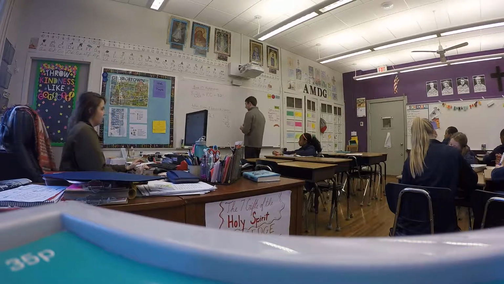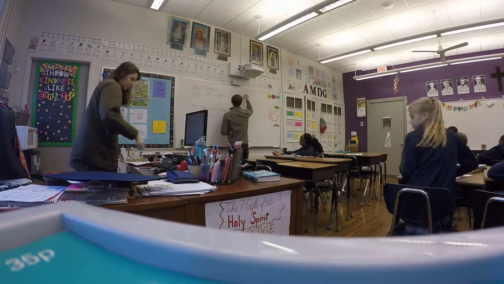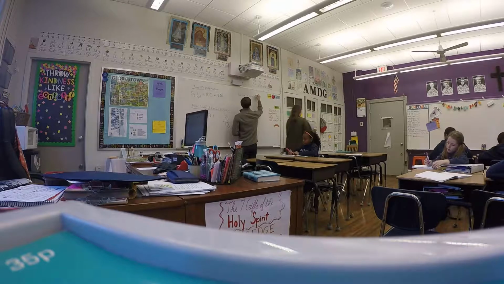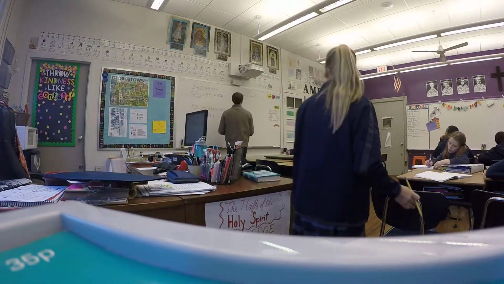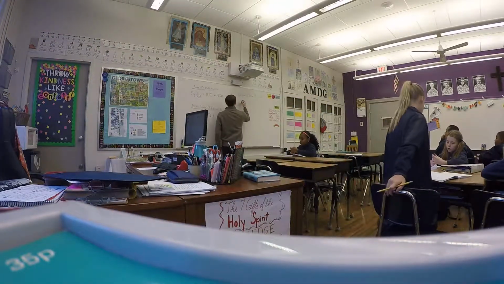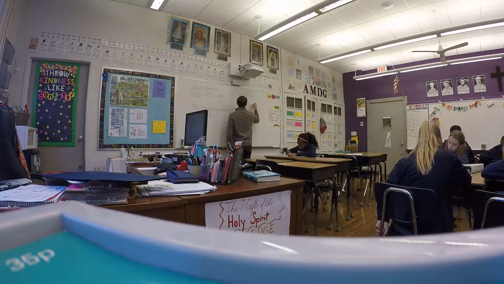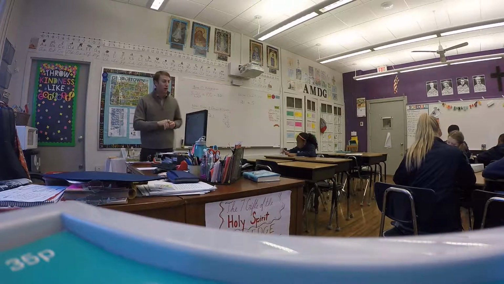We could have decimal and decimal multiplication. If we have decimal and decimal multiplication, we could have a problem like 0.31 times 0.5, or 31/100ths times 5/10.